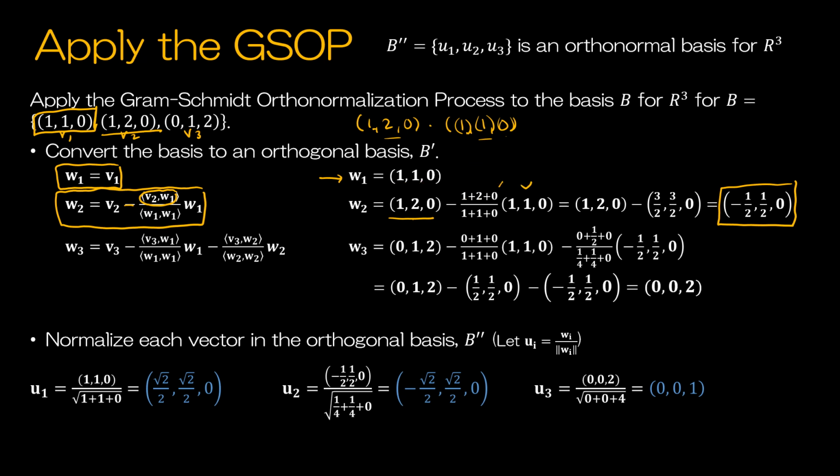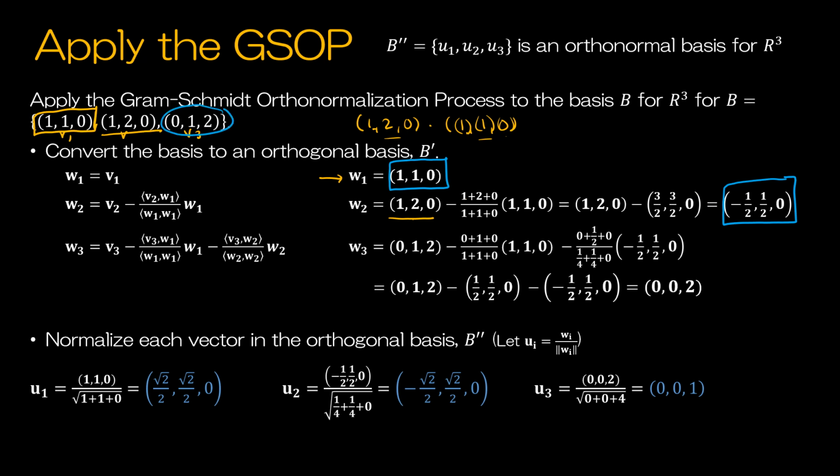So we have W1 is 1, 1, 0. W2 is negative 1/2, 1/2, 0. And then W3, again, I'm going to just follow the formula. And the formula says take V3, so that's 0, 1, 2. And then I'm going to subtract V3 dot V1.